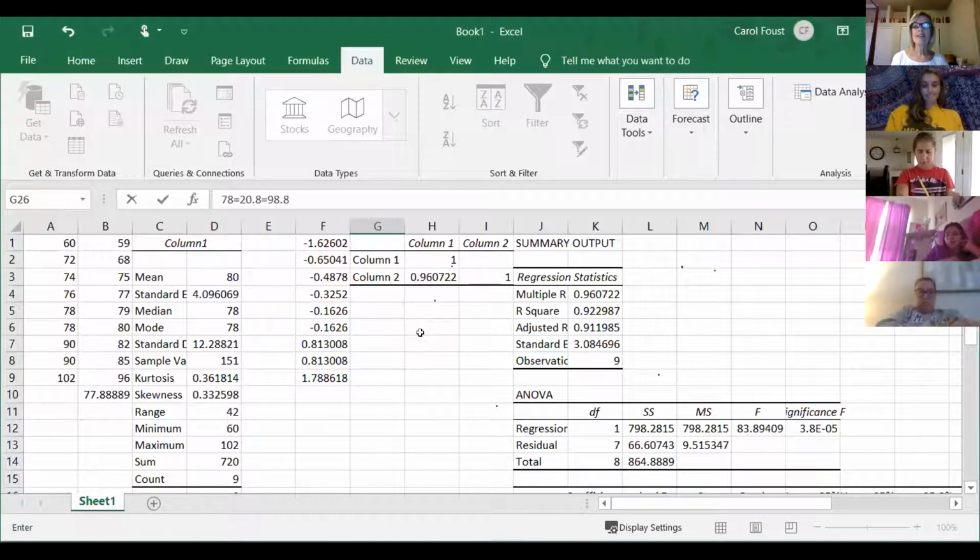The other thing we could do is see whether those two are significantly different. Was the midterm significantly different from the final? If I wanted to see that, what inferential test would I use?